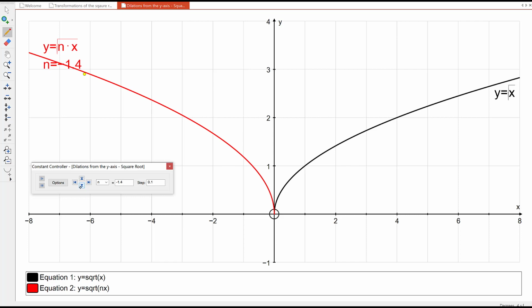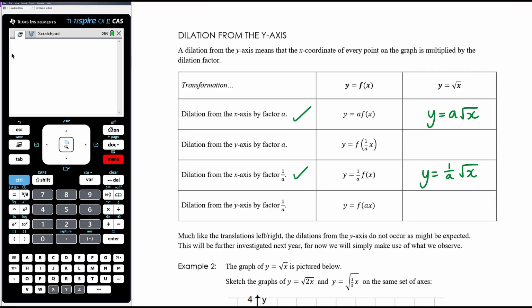Let me go back to the notes. So these are our new ones. Dilation from the y-axis. If we dilate from the y-axis by a factor of a, we actually have f of 1 on a times x. So if the dilation factor is a, the n value, the number in front of the x, is the reciprocal of a, 1 on a, and vice versa.